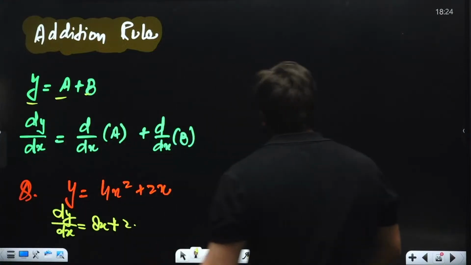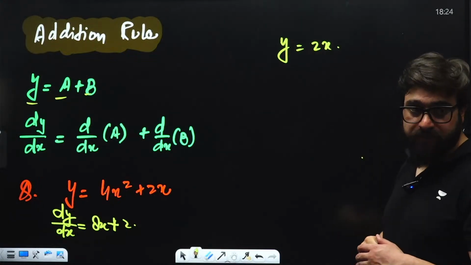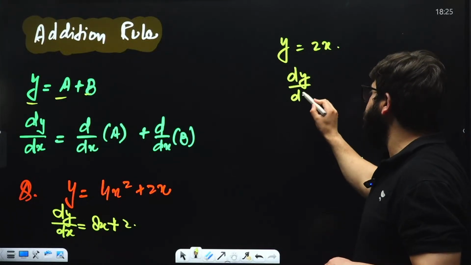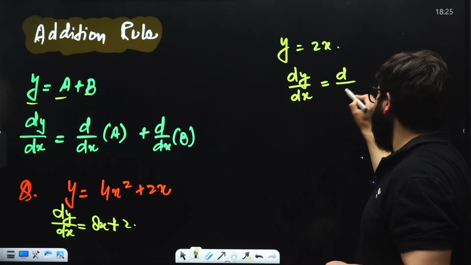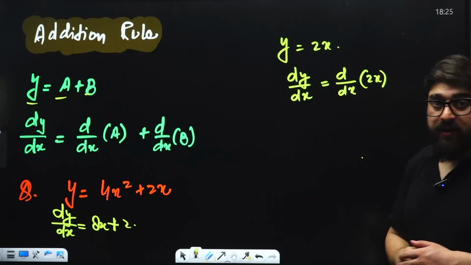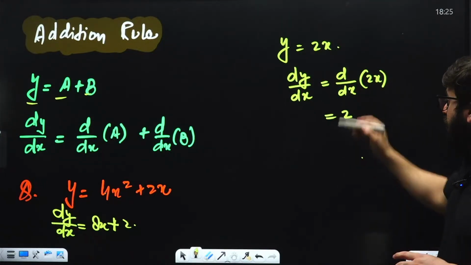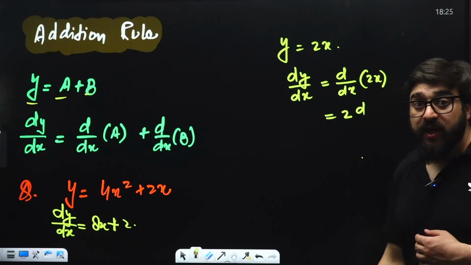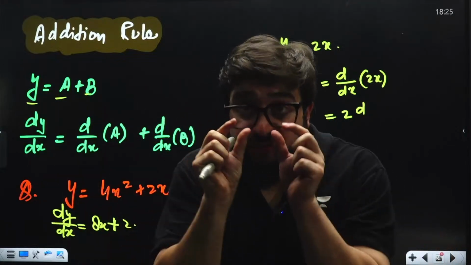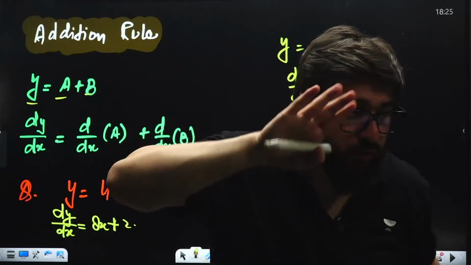If I say y is equal to 2x, what is the differentiation of this one? We write dy by dx is equal to d by dx of, instead of y, I'll put 2x. I have told you we take this 2 out. This is a constant. If a constant is multiplied, then we take it out. If a constant is added, then we consider its differentiation as 0.